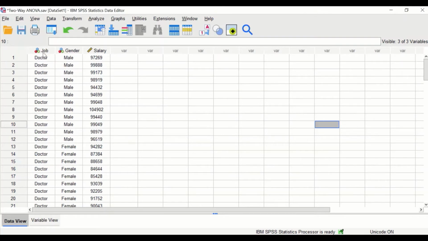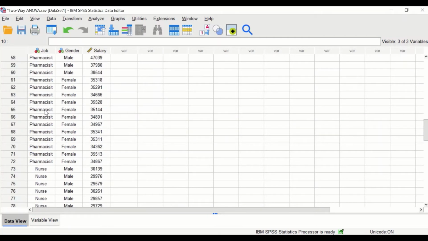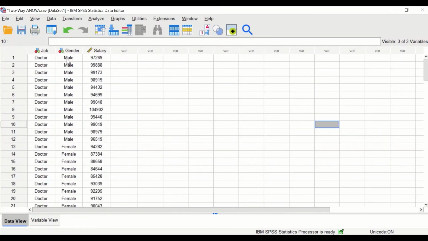For the factor job, there are four different levels or groups or categories: doctor, dentist, pharmacist, nurses. For the gender, there are two categories: male and female.